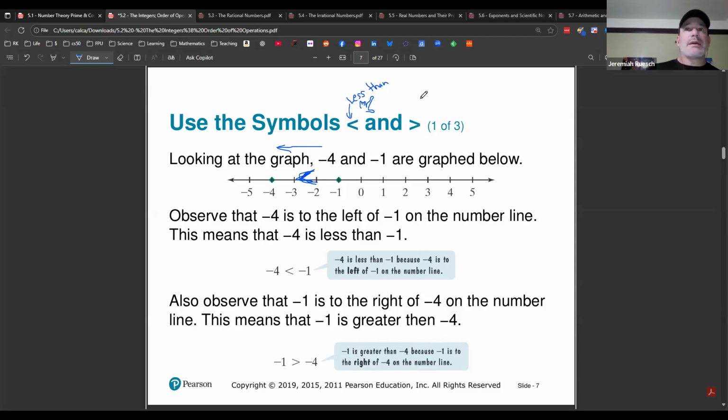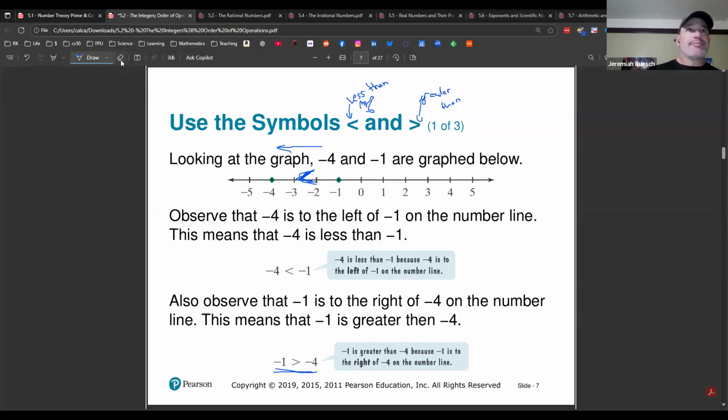The other direction is greater than, so this one here means greater than. And so we can equivalently say that -1 is greater than -4, writing it in this notation here. So -1 is greater than -4, or we can say -4 is less than -1.